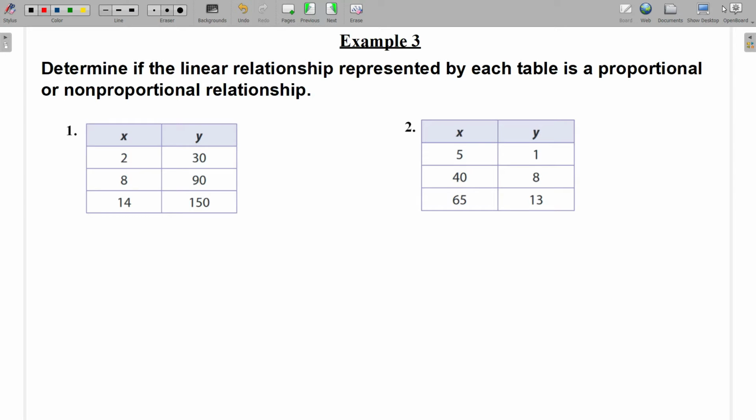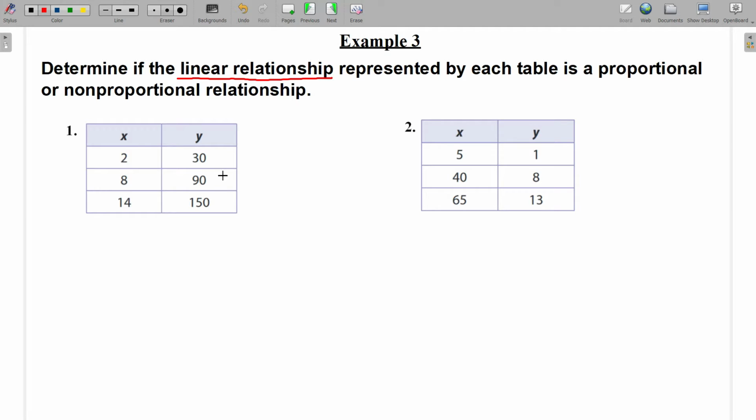In example 3, we're asked to determine if the linear relationship represented by each table is a proportional or non-proportional relationship. In this particular problem, we're given a key bit of information: we have linear relationships. And so we don't have to go through and determine if the rate of change from one ordered pair to the next is constant, so we're not going to have the nonlinear, non-proportional possibilities here in these tables.